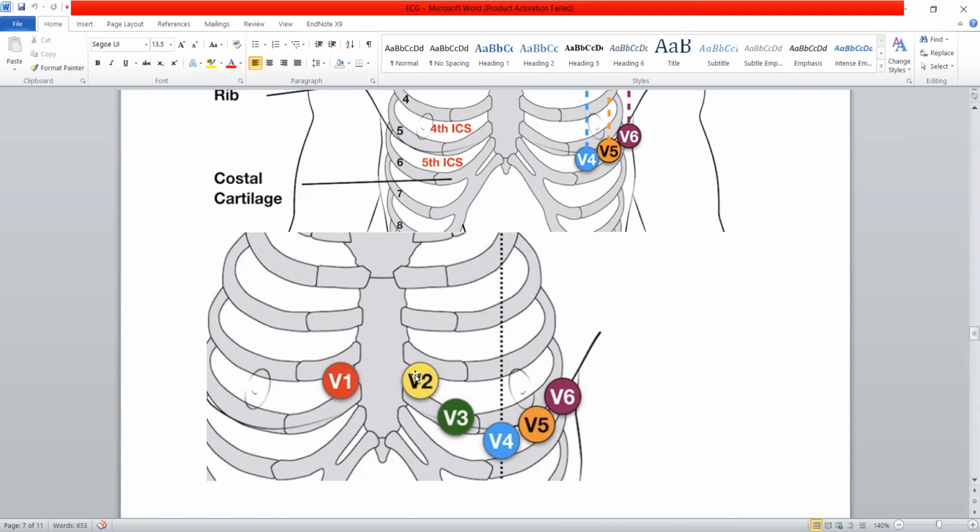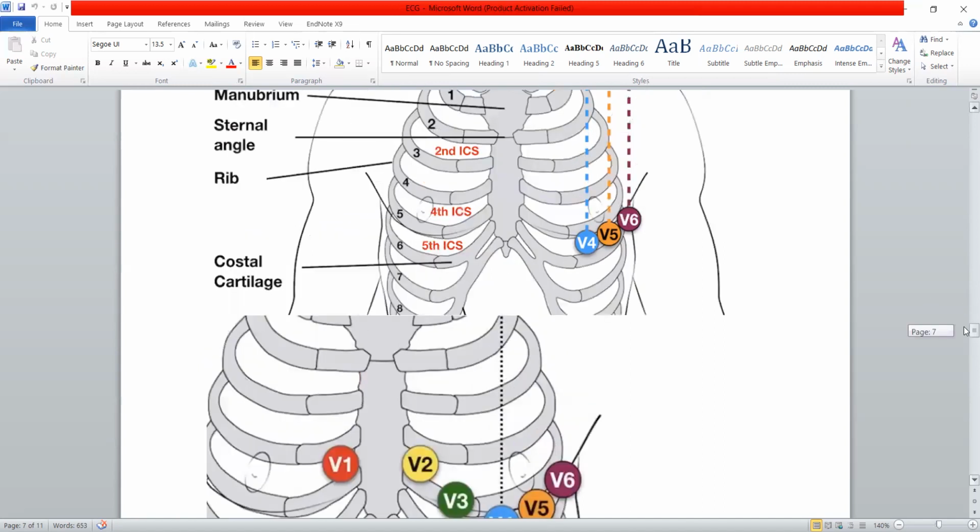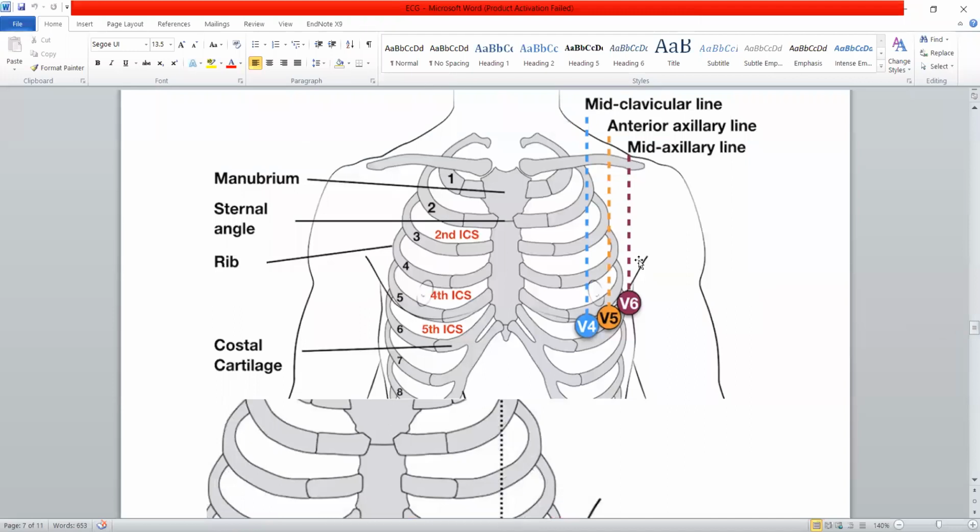Lead V2 is placed in the fourth intercostal space on the left costal margin. Now see the placement of leads V4, V5, and V6.